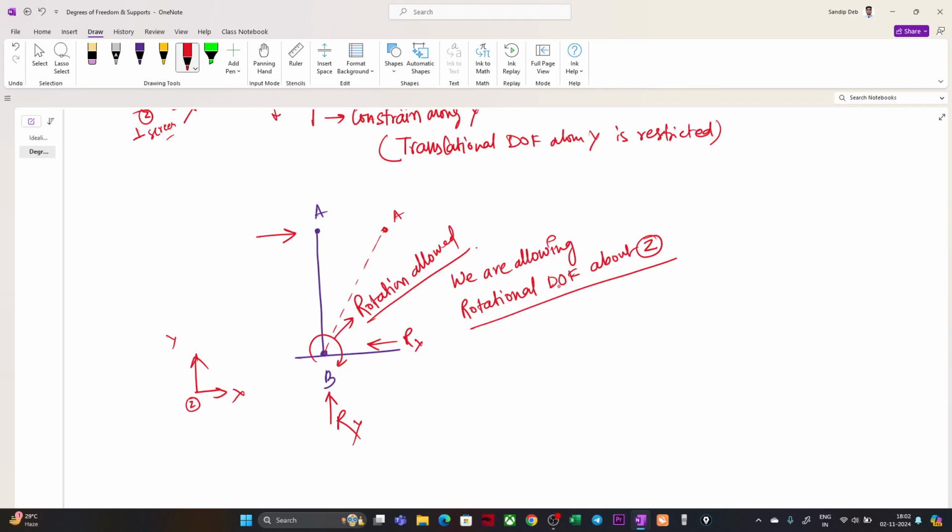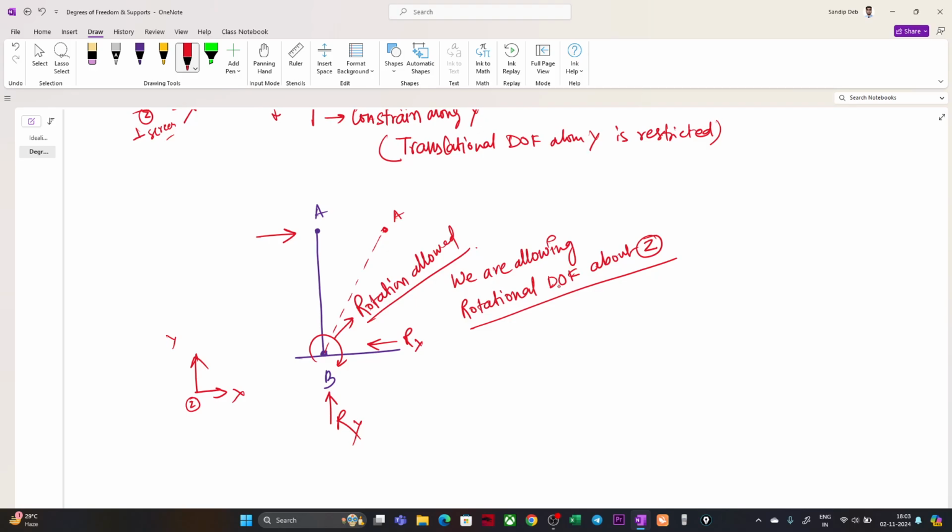Because only about one axis it can rotate, so one degree of freedom is allowed. If you want to define the motion of this particular joint, this line is allowed to only rotate about this joint, correct? So only 1 degree of freedom is there, others are restricted, correct?